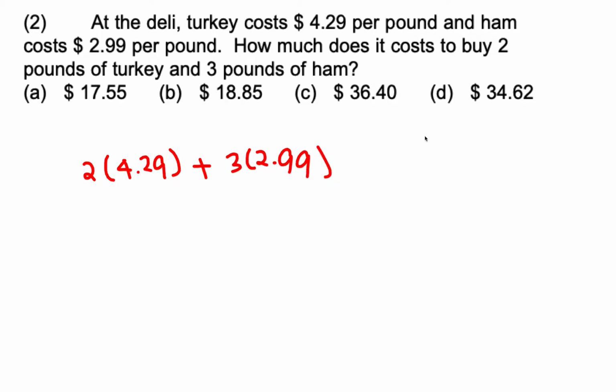We can approximate here. 3 times 3 is a little bit less than $9, and 2 times 4.29 is about $8.60. When I combine them together, we get 17 point something. So the answer should be choice A. We can get the answer through approximation.